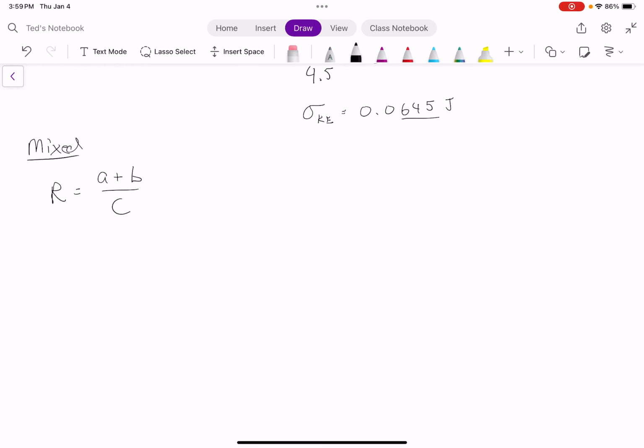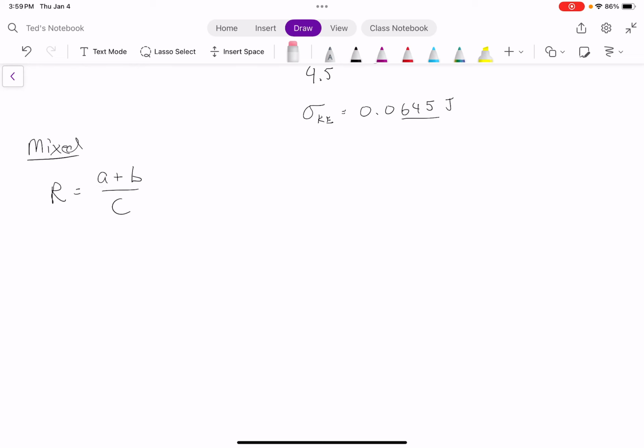It's also not just subtraction or just multiplication and division. So I can't use either rule 1 or rule 2. It's mixed together. So what I'm going to have to do, because it's kind of division, right? I've got one thing divided by another thing.